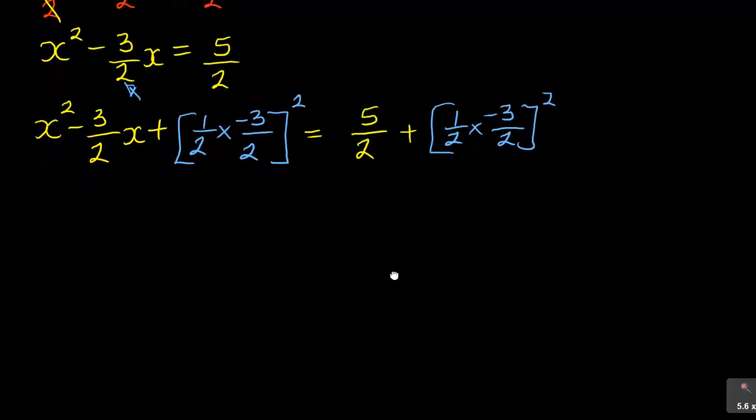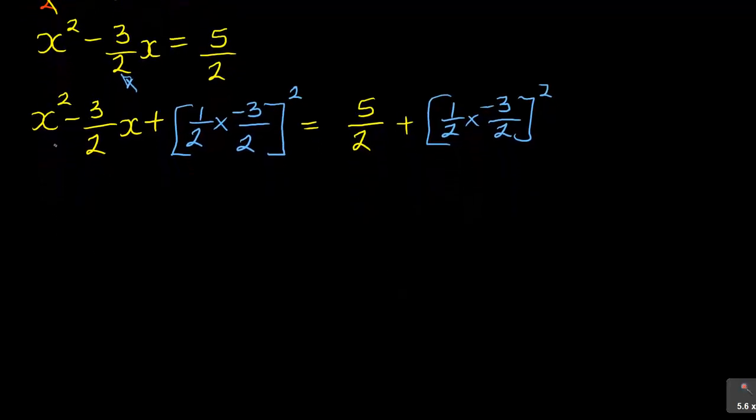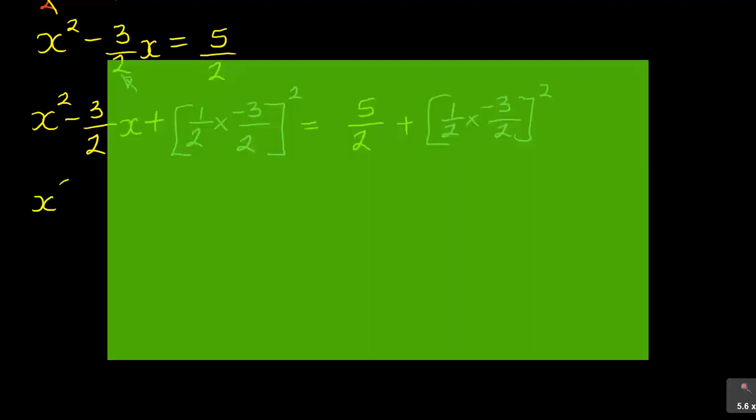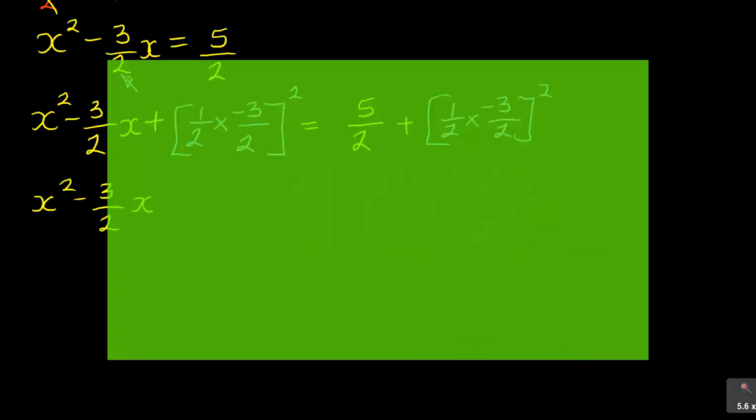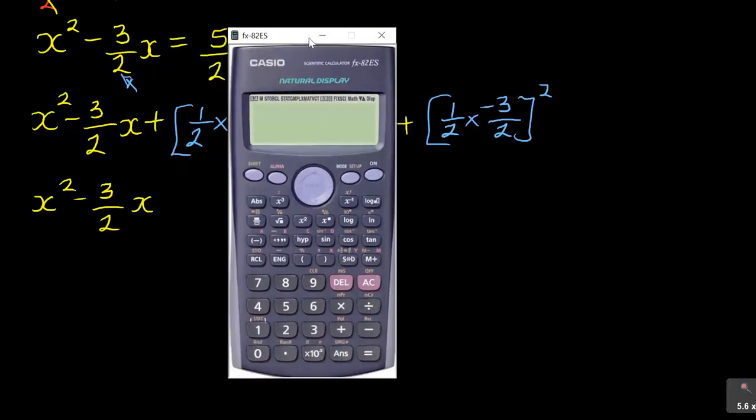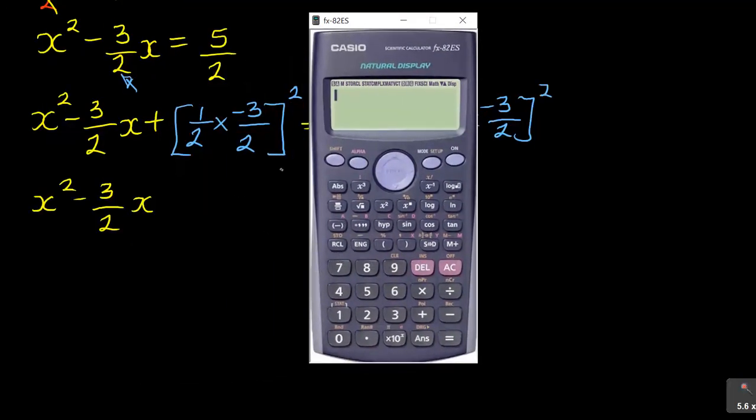Now when you have done that, you need to simplify. How do you simplify? You are going to take your x squared minus 3 over 2x, and then you simplify what is inside the brackets. You don't have to put the square, but inside the bracket you have 1 over 2 times negative 3 over 2.